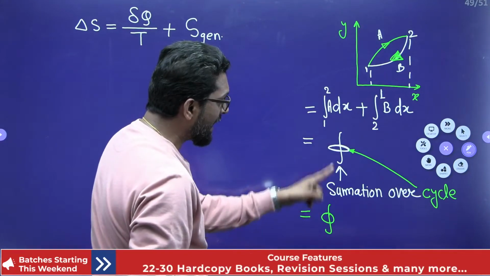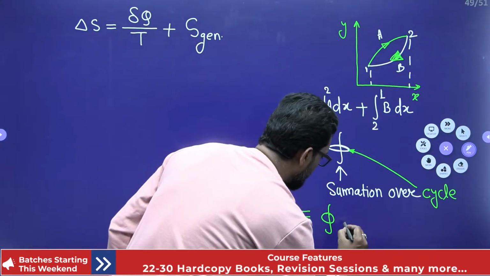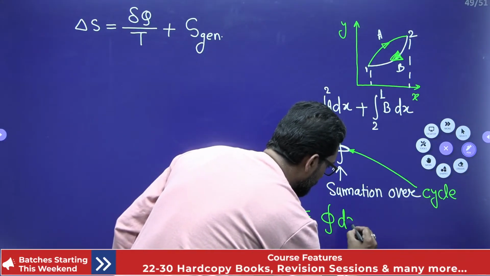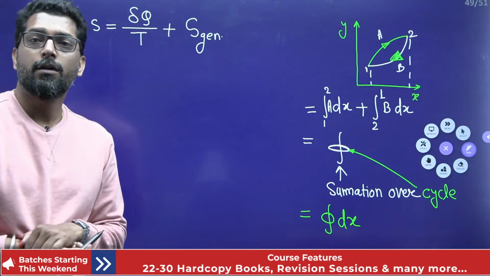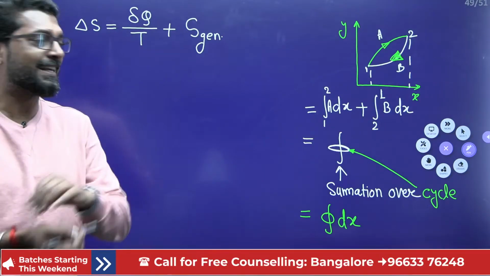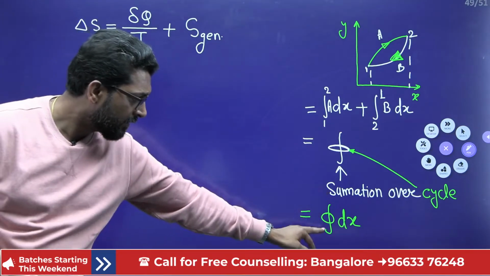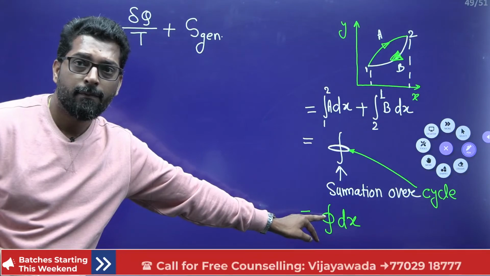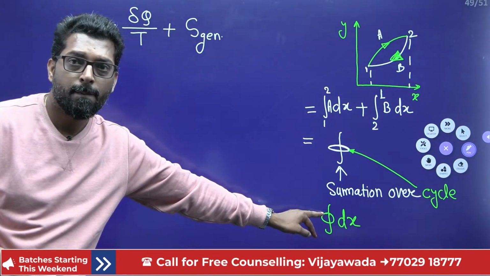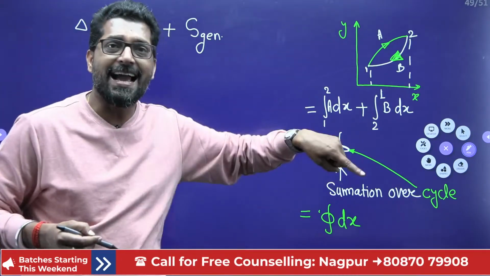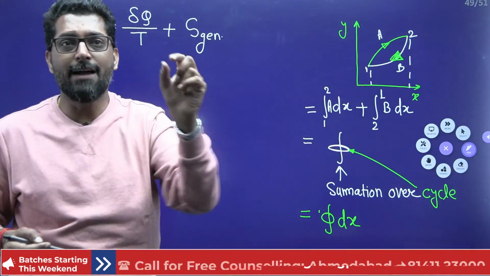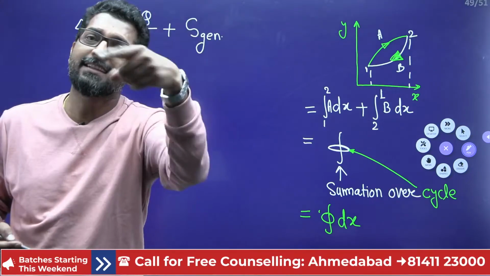Now we cannot write 1 to 2 as dx. What is the problem? So you are always saying the cyclic integration. Yes, it is a cyclic integration. If you make a cycle, that cycle has different paths, and that path is finally closed.